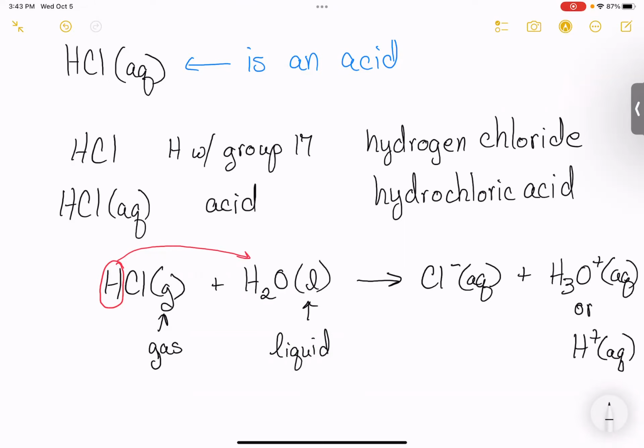They mean the same thing. So it's not until it's added to water that this hydrogen completely dissociates from the chlorine. And it's only once it dissociates from the chlorine that it becomes an acid.